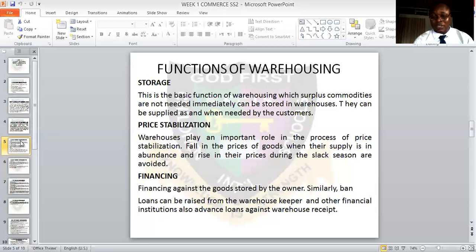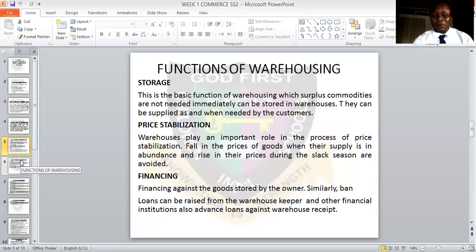Also, an advance loan against the warehouse receipt. So it simply means we can raise a bank loan through the warehouse keeper or other financial institutions as well. So it's possible under the financing.